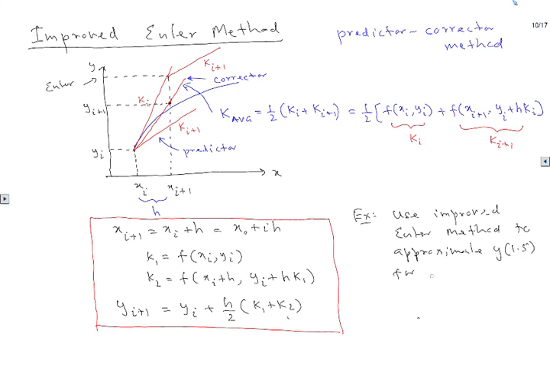Let's say y prime equals 2xy, along with y(1) equals 1, with h, let's say 0.1. So you need to do 5 steps.